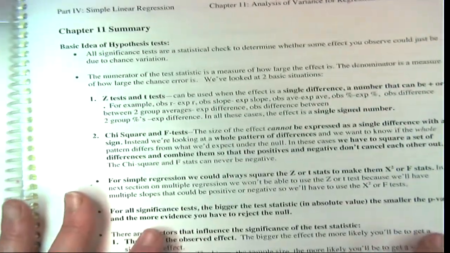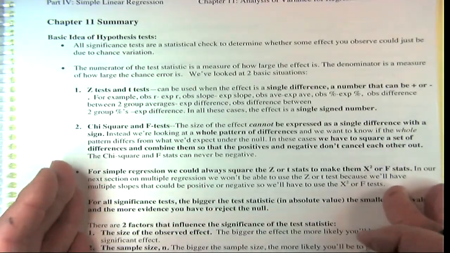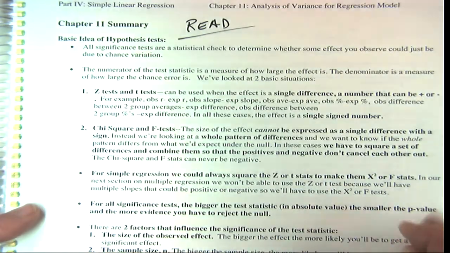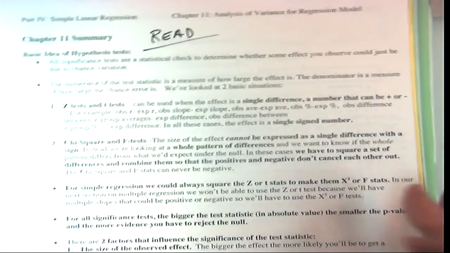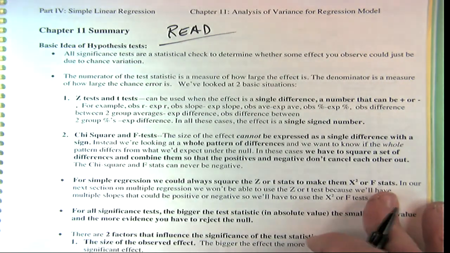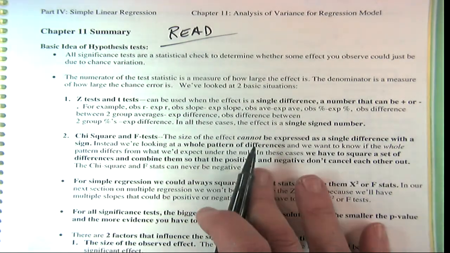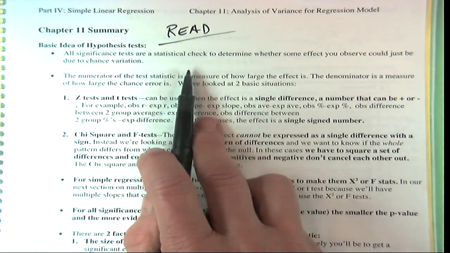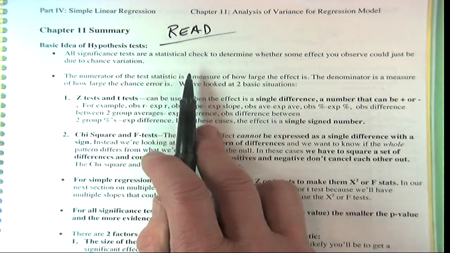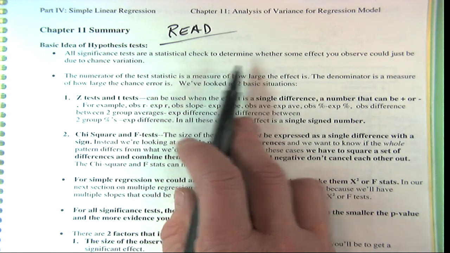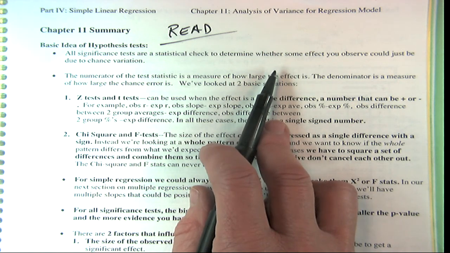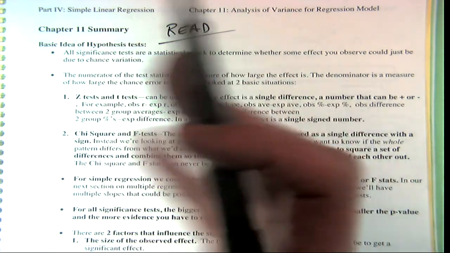And then just this idea, you should also read this. I'm reading it with you because we're a little bit ahead of the game. We weren't supposed to finish this chapter like we did last time, but we went quickly, I guess. So this basic idea of hypothesis tests, it might be useful to read together, is that all these hypothesis tests or significance tests are statistical checks to determine whether some effect you see is due to some particular cause or whether it's just due to chance.